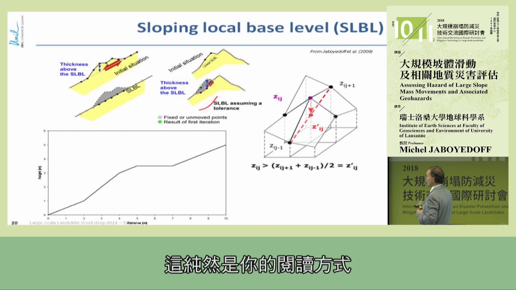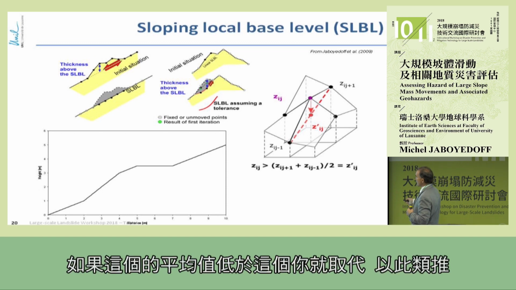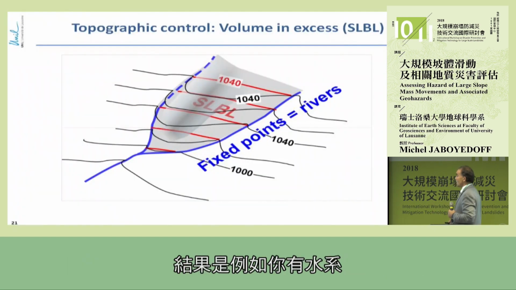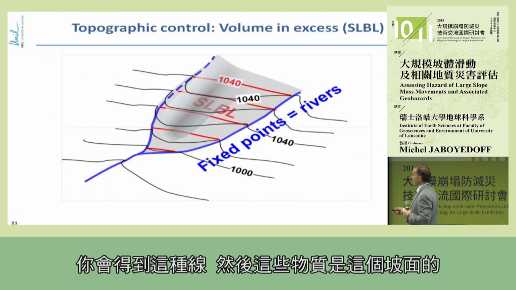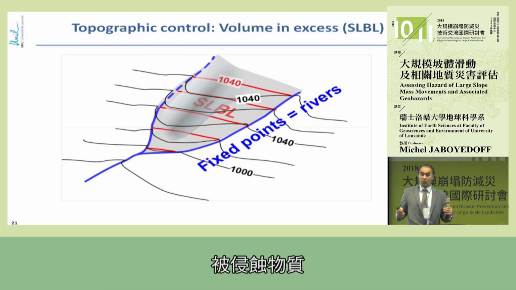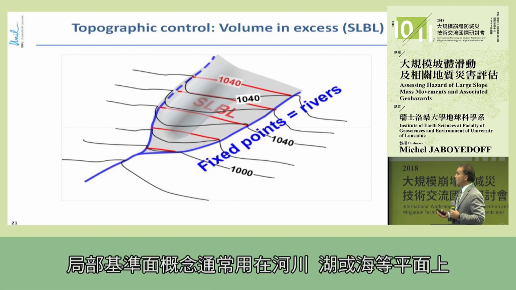And this is simply the way: when the average of this is lower than this, then you replace it, and so on. So the result is, for instance, if you have a river network, you will have a line like this, and then all this material is the erodible material in this slope. This is because the concept of local base level is usually on a flat area, a river, a lake, the sea.